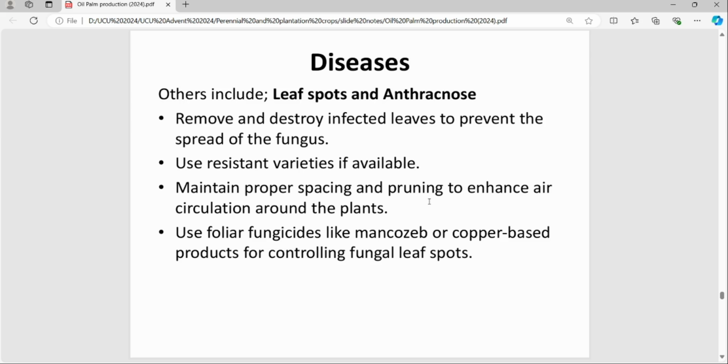And because these are fungal diseases, you can also use fungicides, including mancozeb or copper-based products to control the leaf spots.